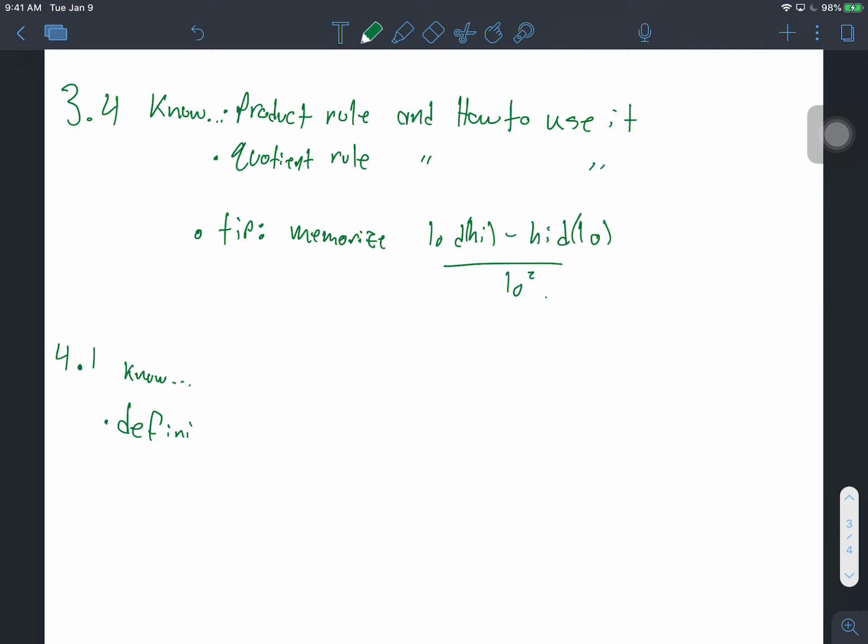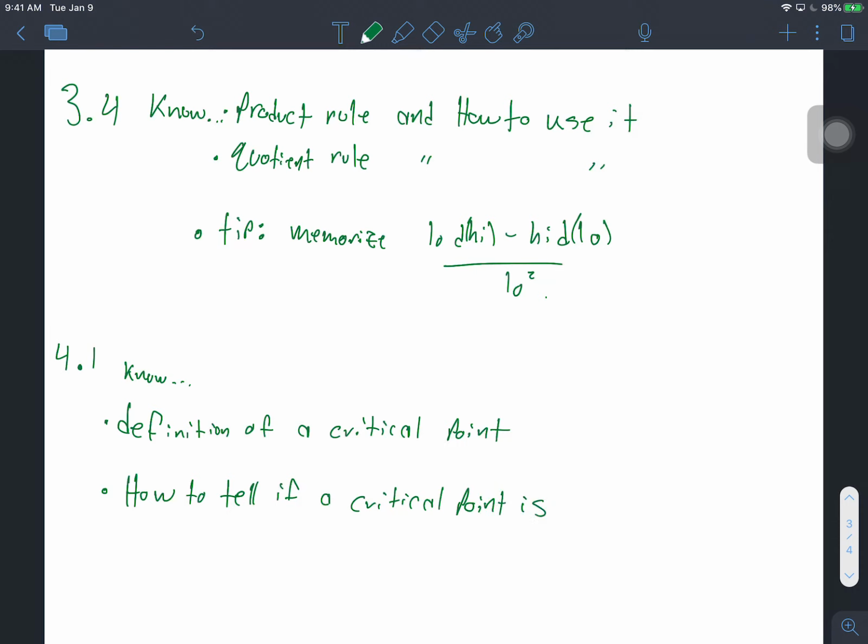the definition of a critical point. We should know how to tell if a critical point is a local max, local min, or neither.